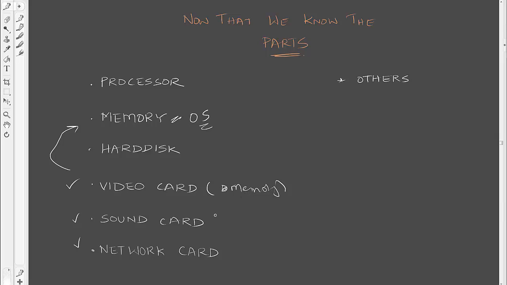Same way with the sound card. Depending on what kind of sound card, its different ports on the system and different memory on the card, the cost varies. Network card, same thing. Is it one port, two ports? How fast is the port? Is it a 10 gig card, a 1 gig card, or a 10 Mbps card?